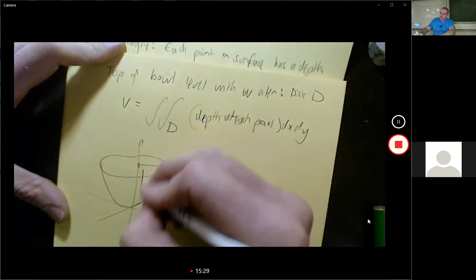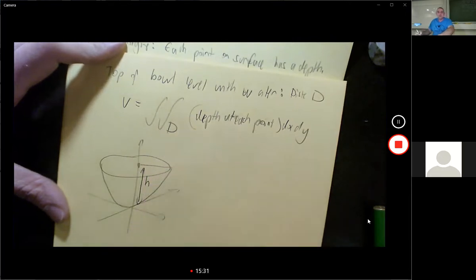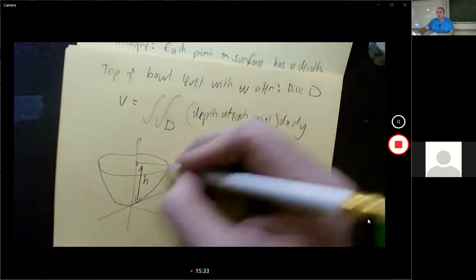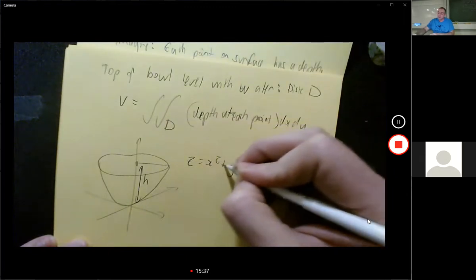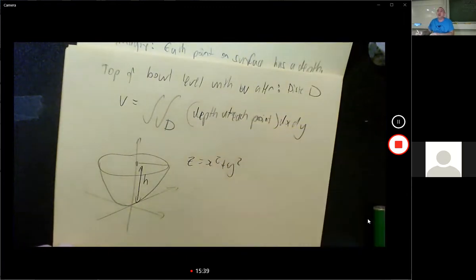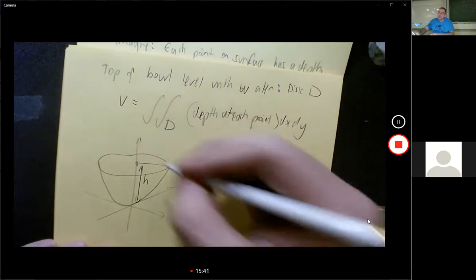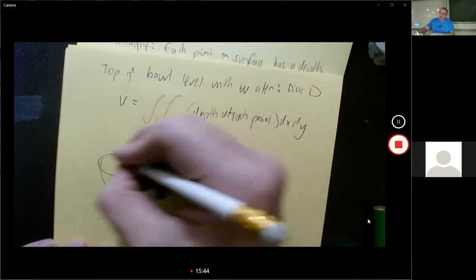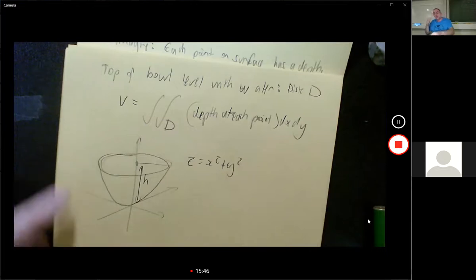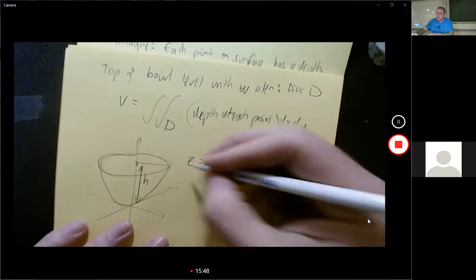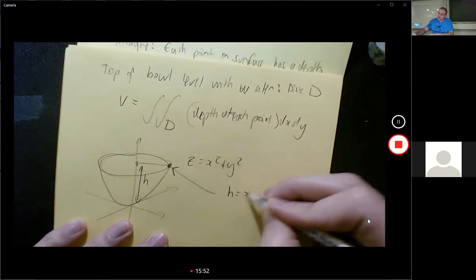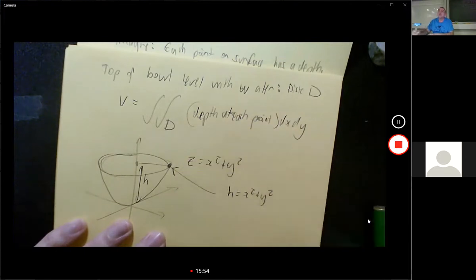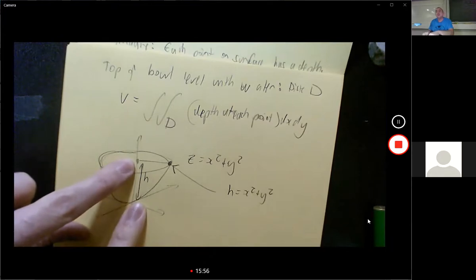So if this height here is h, this bowl had formula z equals x squared plus y squared. That's what they said the bowl's shape was, which means that if I'm here on the edge of this circle, at this location, h is equal to x squared plus y squared, because that's the height, which is the z coordinate.